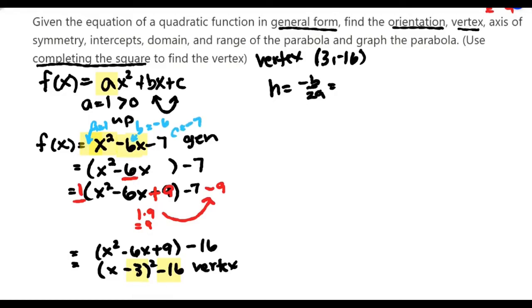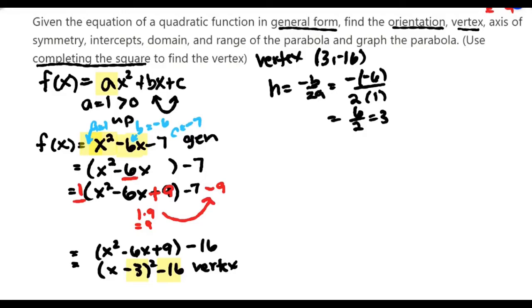So -b, that's 6, over 2 times a, which is 1, would give a positive 6 in the numerator, 2 in the denominator, and that's 3. So the x-coordinate of our vertex is 3.